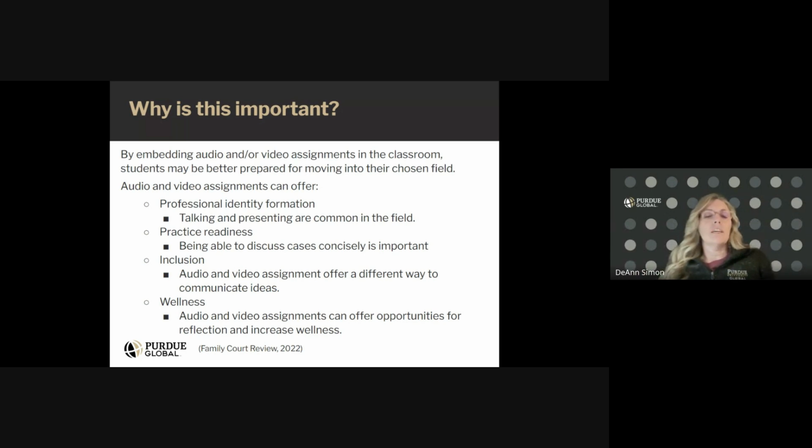One of the first things that we know is that professional identity formation is a skill. We are forming our professional identity, and part of that is that talking and presenting can be very common in multiple fields. I'm going to use human services, and I know this would probably apply in psychology as well.